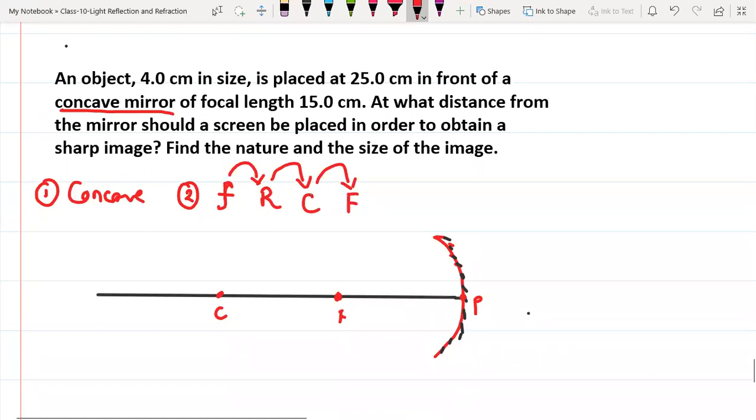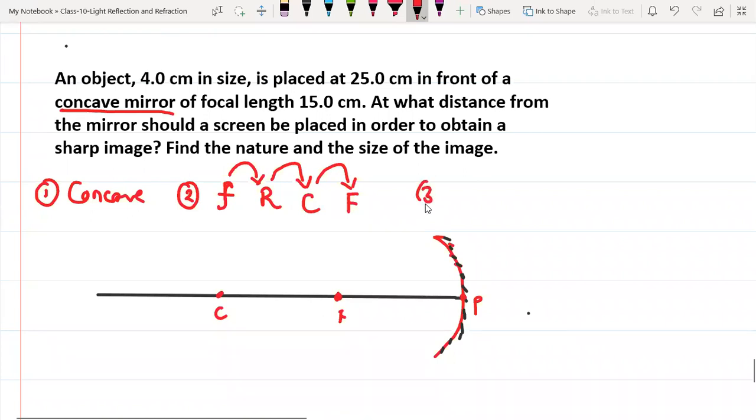If center of curvature is not present, please give next priority for focus. So please try to understand this priority. First priority for focal length. Second priority should be given to radius of curvature. Third priority should be given to center of curvature. Fourth priority should be given to focus.